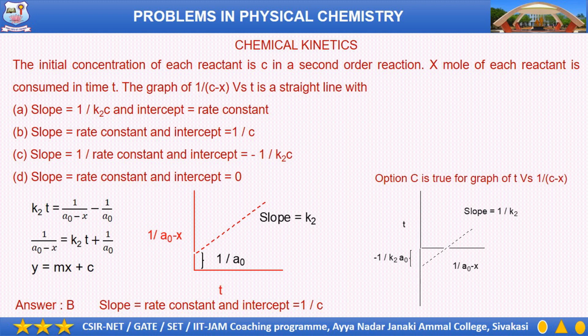The graph of 1 by C minus x versus t gives a straight line with: option A, slope is equal to 1 by K2 C and the intercept is equal to the rate constant.